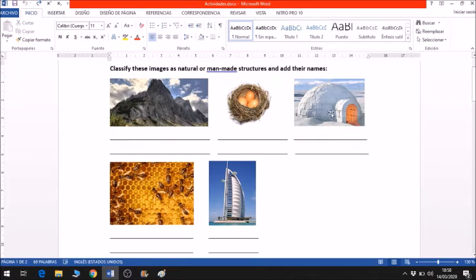The third one is a man-made structure. Human beings construct this type of houses in cold places. The fourth one is a hive where the bees live, and it's a natural structure. The last one is a man-made structure. It is a building.